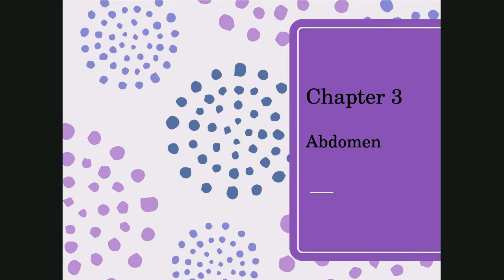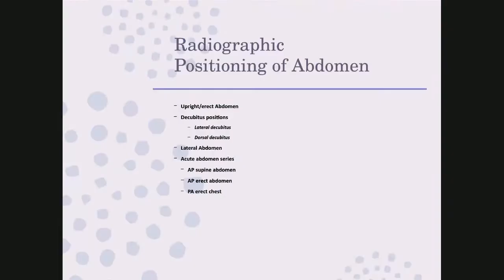Okay, so some of the different positions of the abdomen, they can order an upright abdomen, which sometimes can be referred to as an erect abdomen. They can order a decubitus abdomen, and that could either be a lateral decubitus or a dorsal decubitus. They could order just a lateral abdomen.